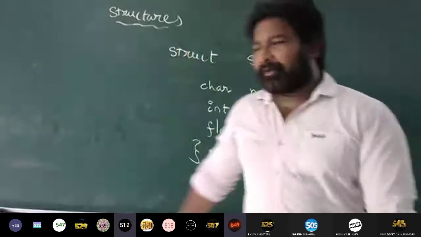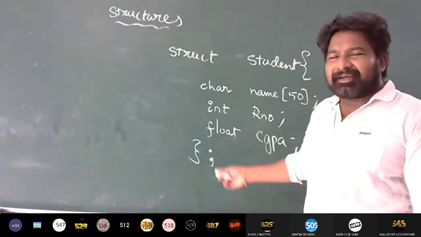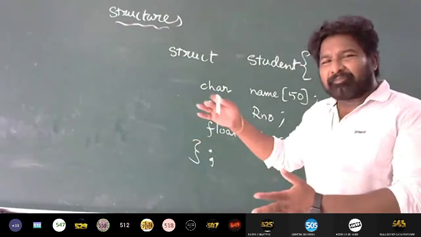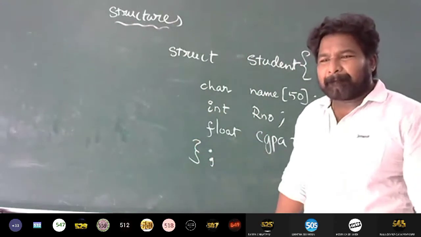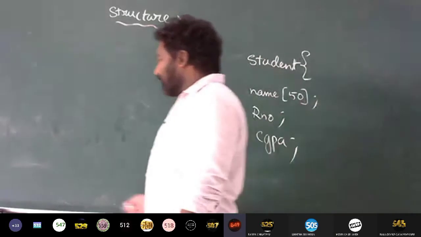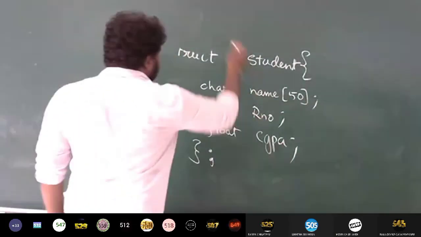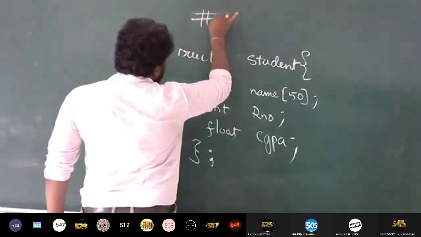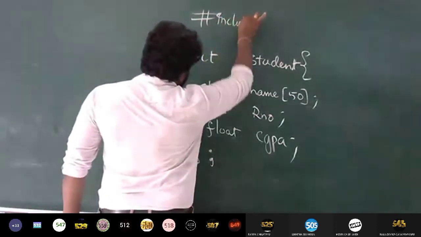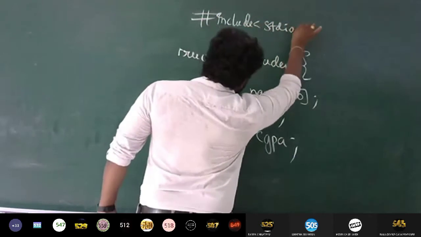Okay, Nana. So where do you write this structure, basically? Between the hash include and the main, right? So if I want to create it as a program, I can write something like this: hash include stdio.h.